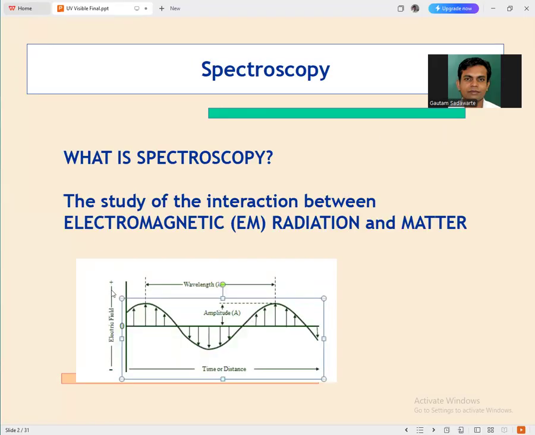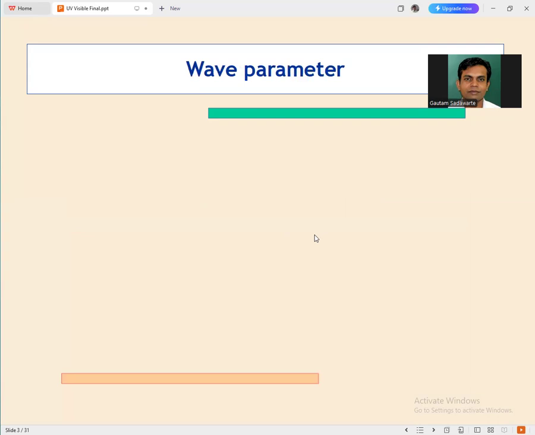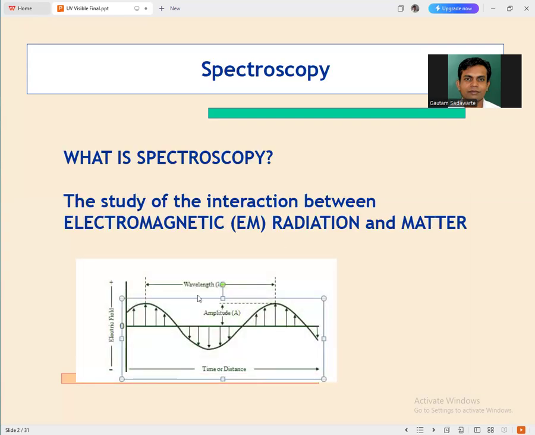When this wave travels, it is perpendicular to this axis. There is a maximum and a second one is a minimum.